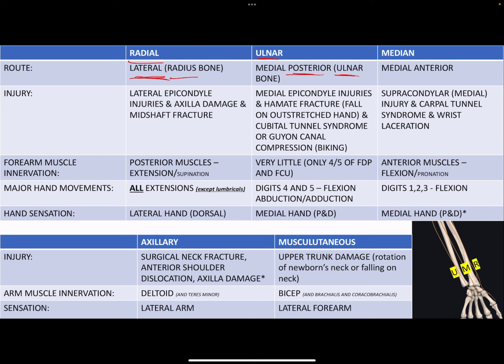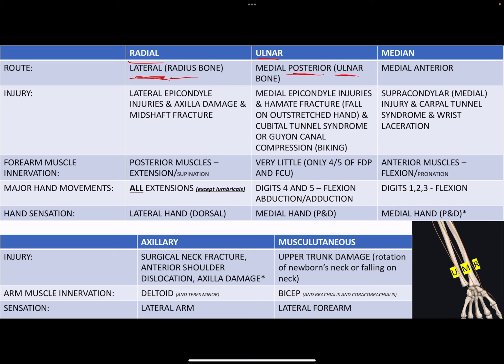Now, injuries, high yield. Radial nerve: lateral epicondyle, makes sense, it moves by there. Axilla damage and midshaft fracture. Ulnar nerve: medial epicondyle, makes sense, it moves by there. A hamate fracture, remember that is the medial edge for the Guyon canal.